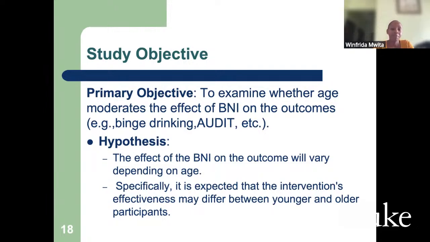You already have enough evidence from literature which says behavioral change interventions are expected to have different effects on younger people compared to older people. So you can already use age as a moderating variable. Specifically, it's expected that the intervention effectiveness may differ between younger and older participants, so we can use age as a moderating variable to look at the effectiveness of a brief negotiation intervention on the outcomes among injury patients.